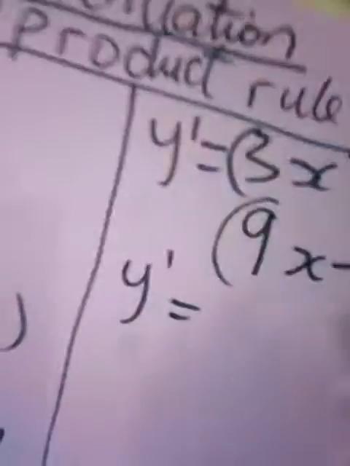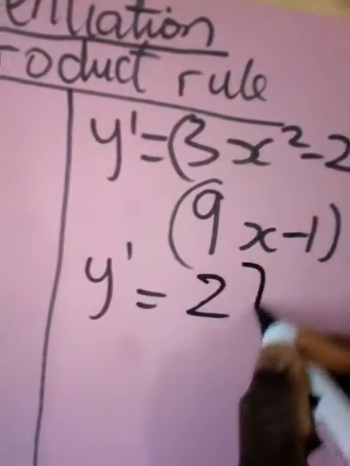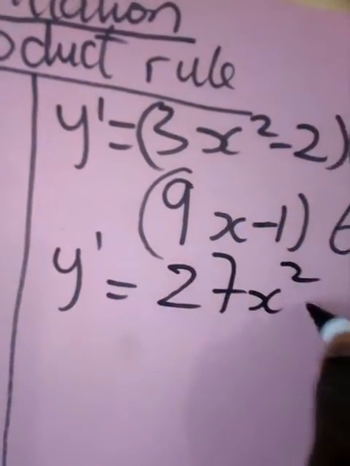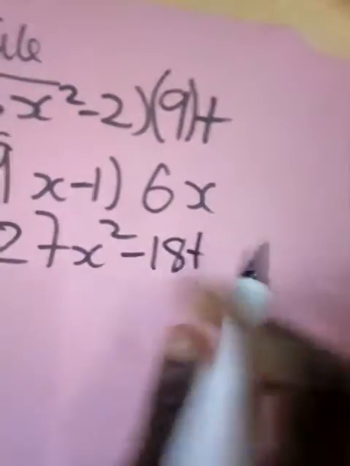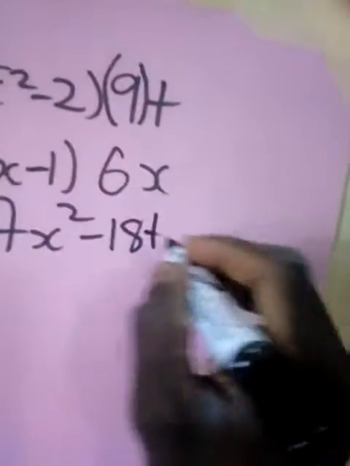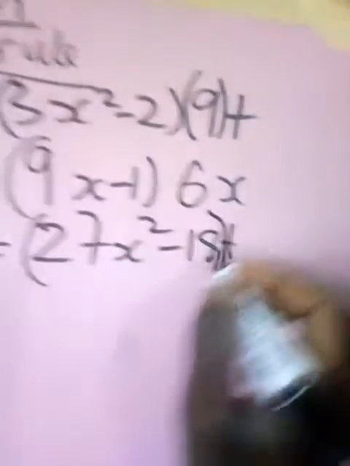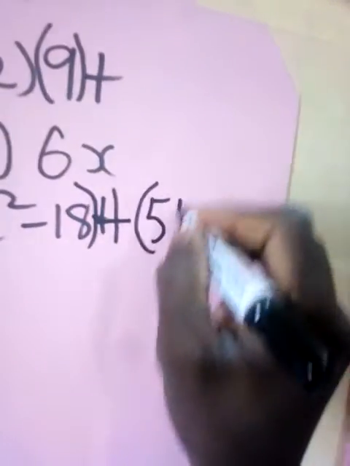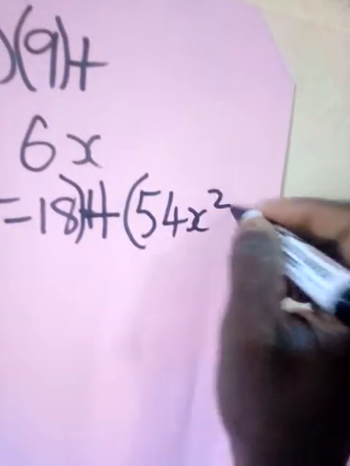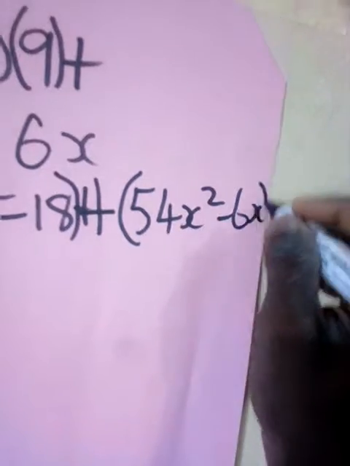So that's y prime. If I'm opening the brackets, 9 times 3x squared, that's 27x squared minus 18, plus 6x times this gives me 54x squared minus 6x.